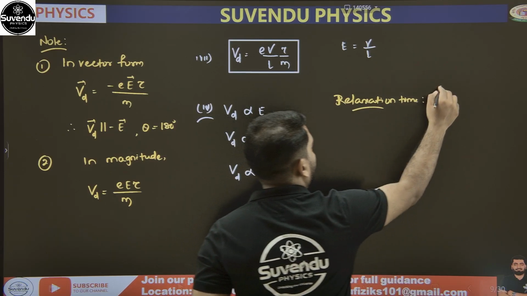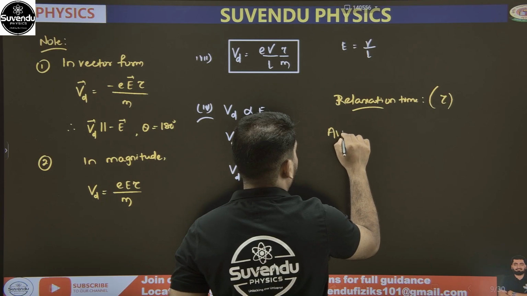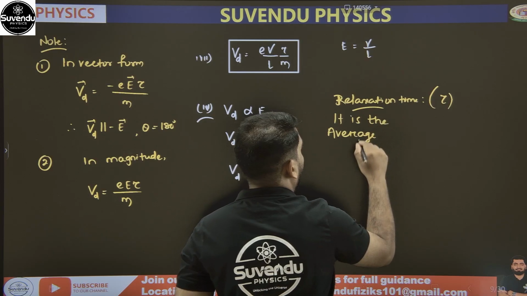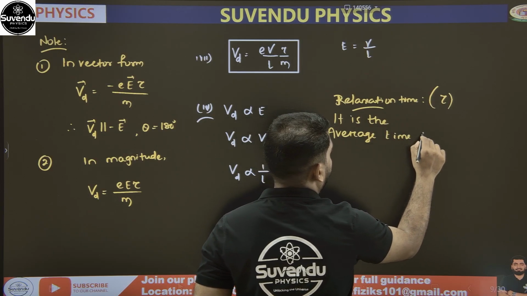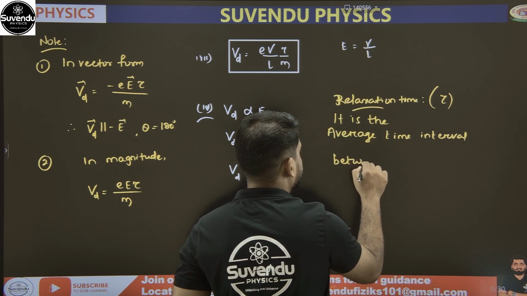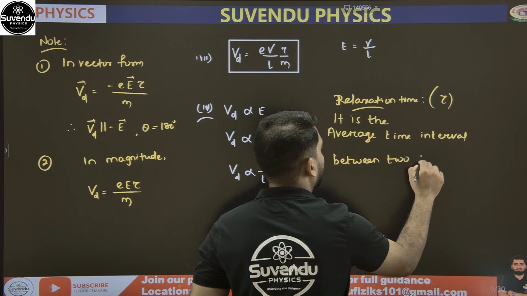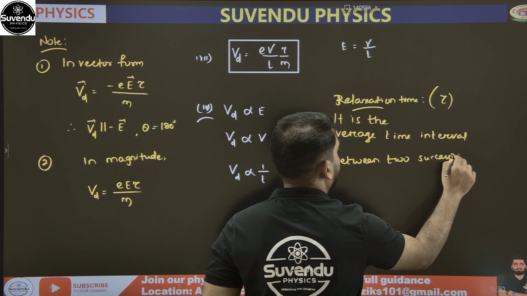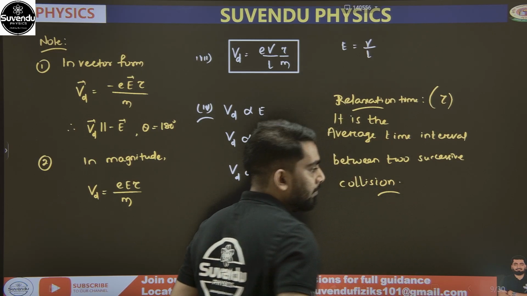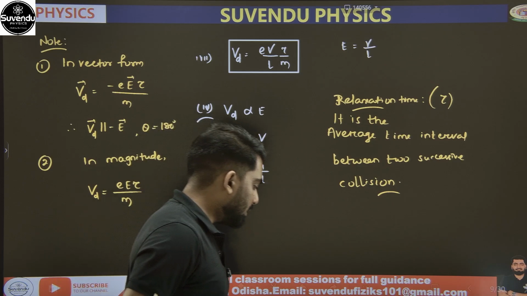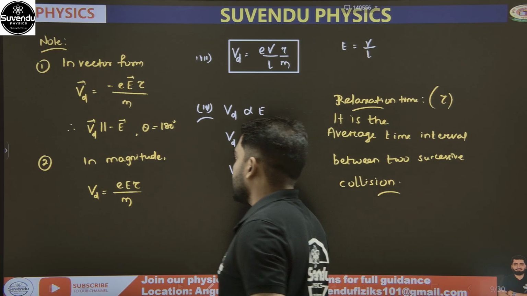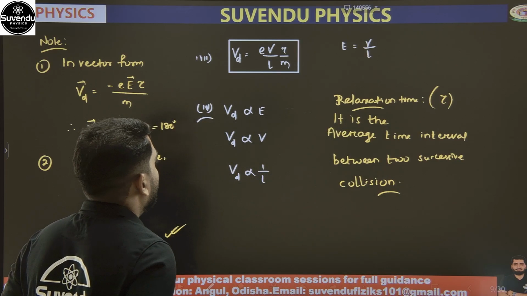So relaxation time, that is tau, is the average time interval between two successive collisions. This portion is very important. You will face a numerical or theoretical question from this portion compulsorily. So this is about our drift velocity and relaxation time.